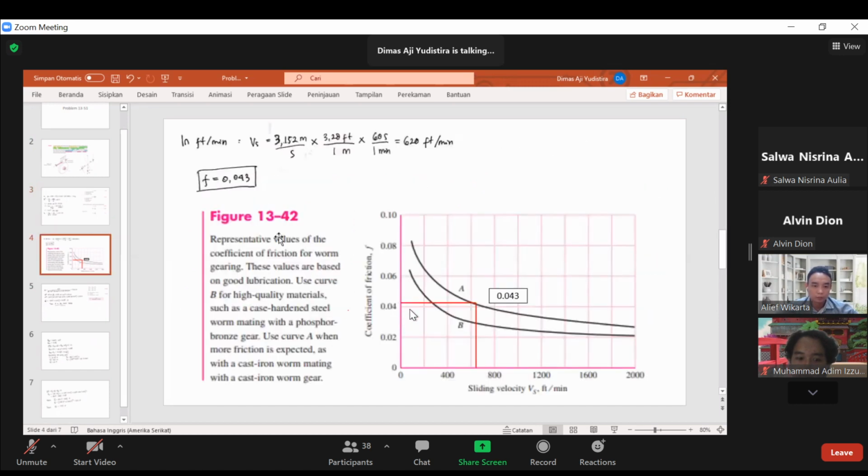Then sliding velocity is to find coefficient of friction in feet per minute. That is 620 feet. Next.